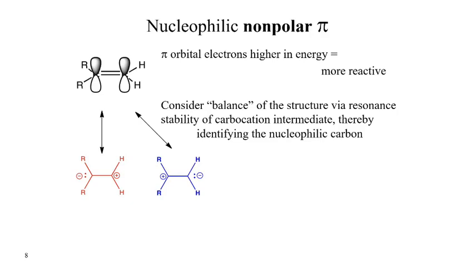Which one should we have react with our electrophile? Because if we go through and run our reaction with our electrophile, we'd either attach the electrophile to the negative, because our electrophiles are partially positive or formally positive, or we attach it over here.